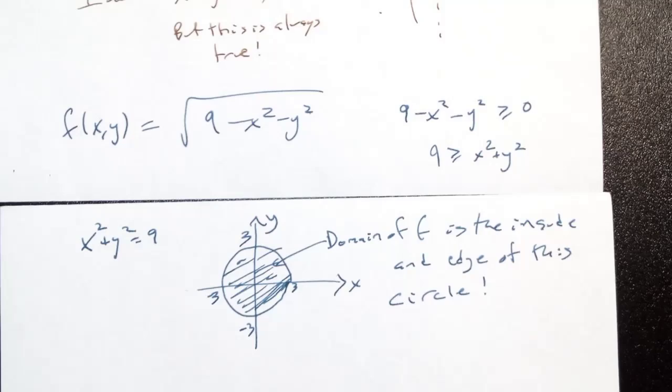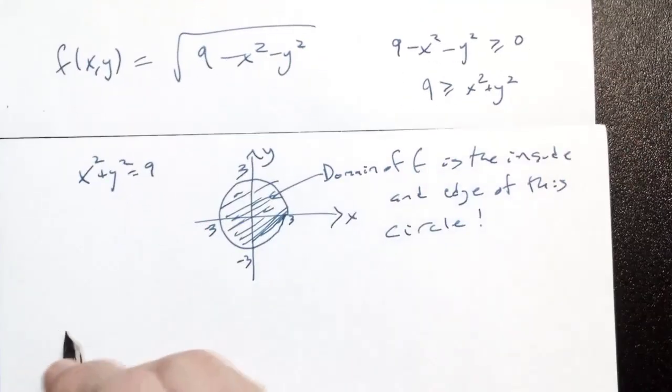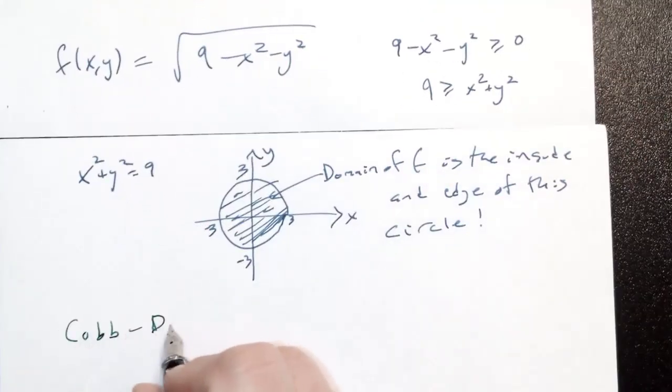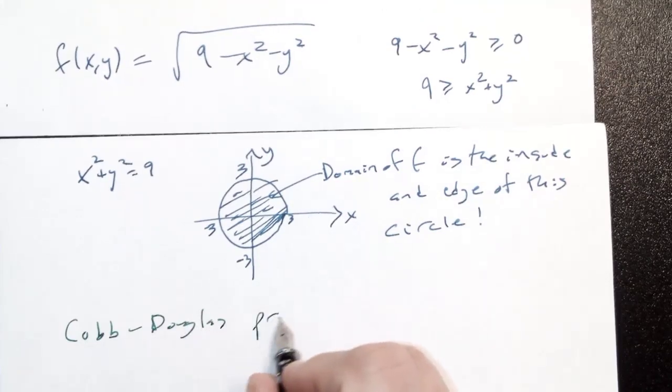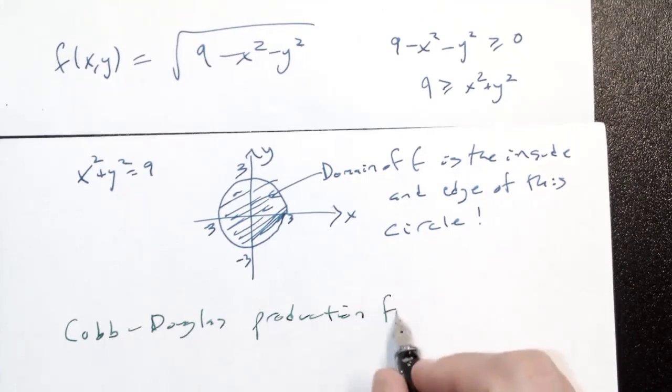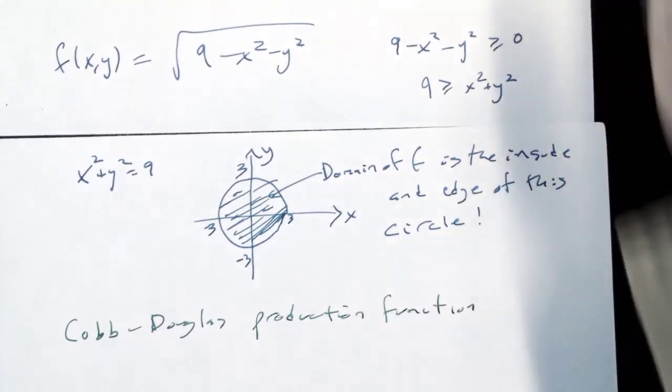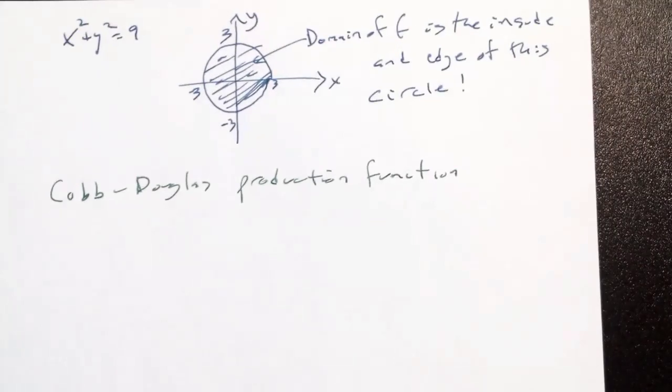Let me give you another example. Two economists, Cobb and Douglas, came up with this idea that the production level relates to both the amount of labor you have available and the capital investment you have available.